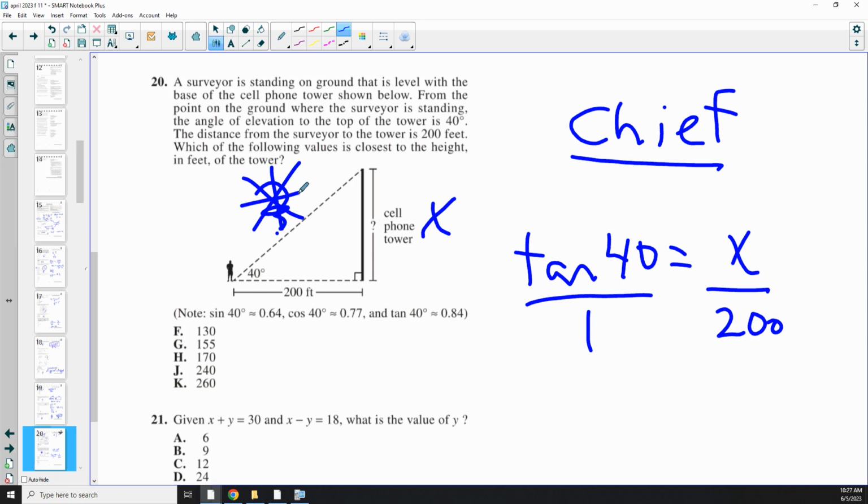So the answer is 200 times the tangent of 40. And I'll just do that on my handheld here, and I get 167. Don't be too scared, it's closest to the pin, which would be H.